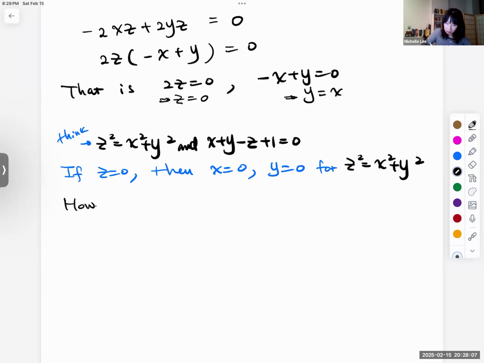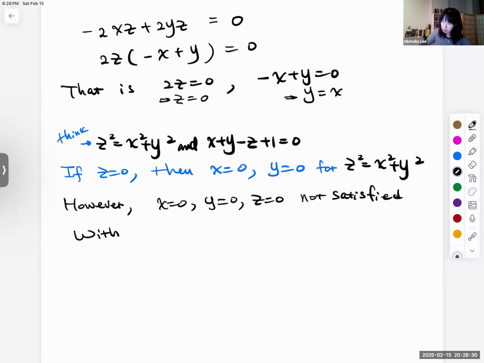However, x equal to 0, y equal to 0, z equal to 0 is not satisfied with the second constraint.